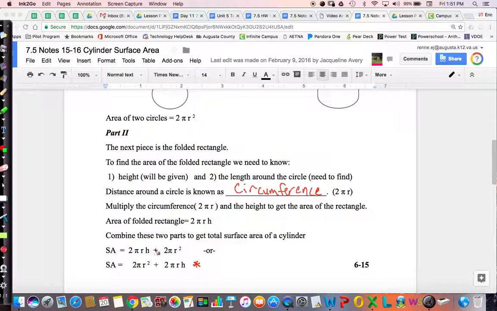I can change both of these parts and I will still get the same answer, because the 2 pi r squared, even if I move it over here, is still attached together, and the 2 pi r h, if I move it over here, is still attached together. So when I do these, more than likely I'll start with 2 pi r squared because that's what you'll see on your formula sheet. But if you do the 2 pi r h first, is it wrong? Absolutely not. So let's turn the page and use the formula to find the surface area.